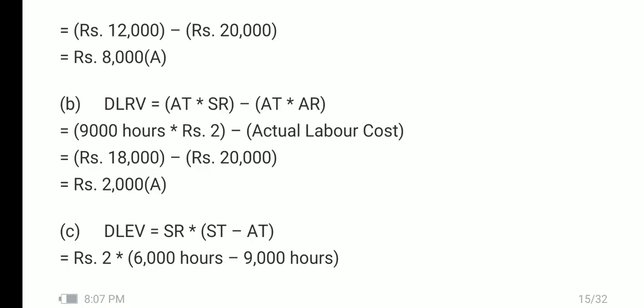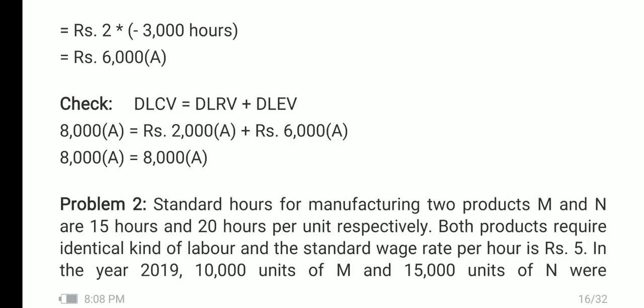Now, labor efficiency variance is equal to SR into ST minus AT. SR is the standard wage rate, rupees 2, given in the problem. Standard time ST for actual output is 6,000 hours we have computed, minus actual time taken given in the problem, 9,000 hours. 6,000 hours minus 9,000 hours will give us minus 3,000 hours. So, minus 3,000 hours into rupees 2 will give us 6,000 rupees adverse.